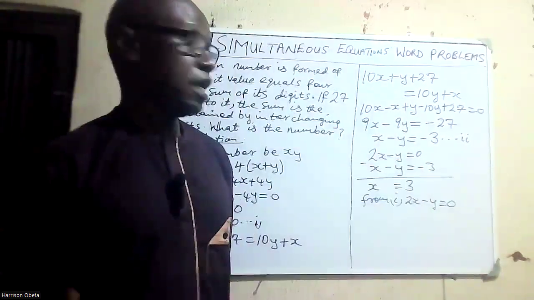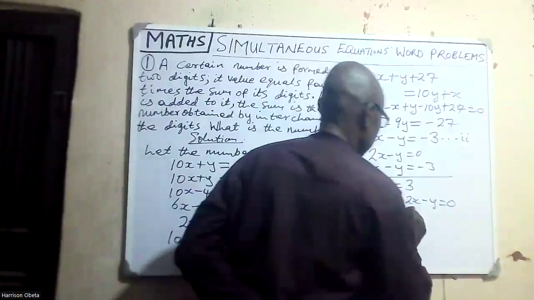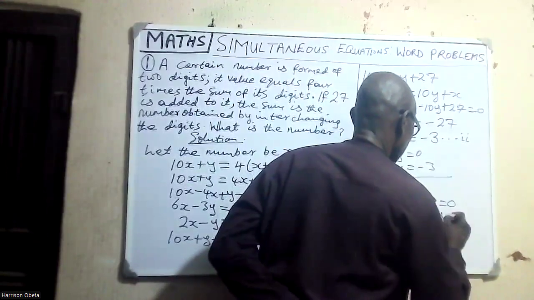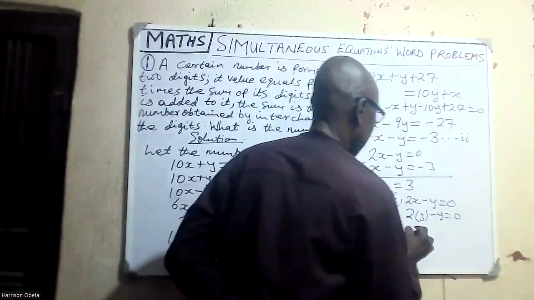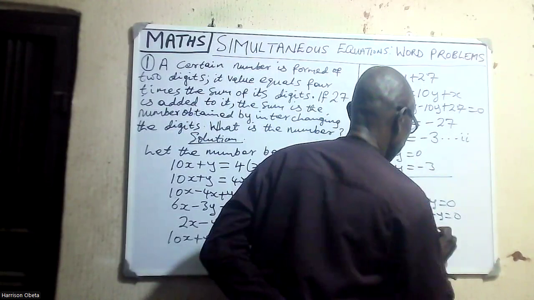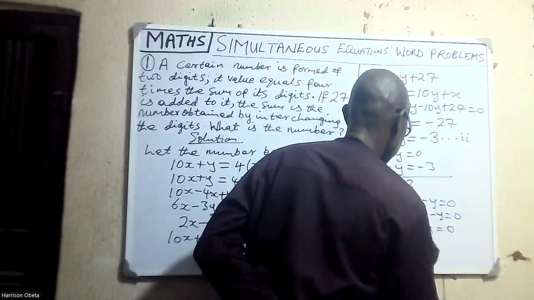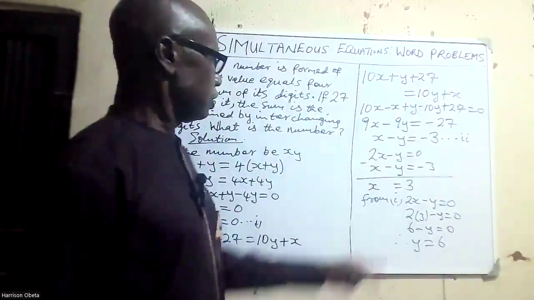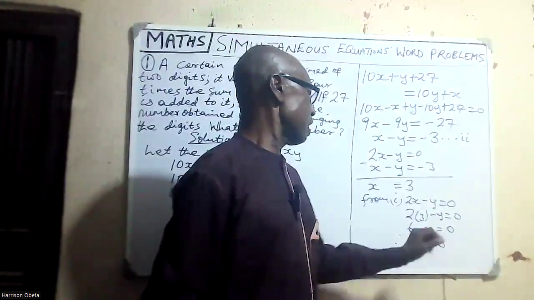Taking that our x is now 3, to substitute, that's 2 bracket 3 minus y equal to 0. And that means 6 minus y is equal to 0. Therefore, y is equal to 6, because taking y to the other side, y now becomes 6.